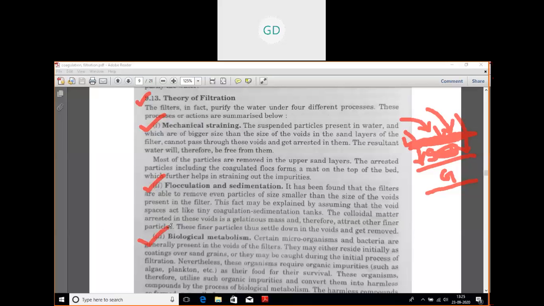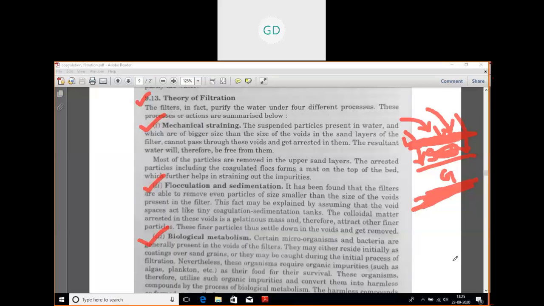And now the third one is biological metabolism. In your filter bed, there are bacteria present. But these bacteria need some food for their survival.